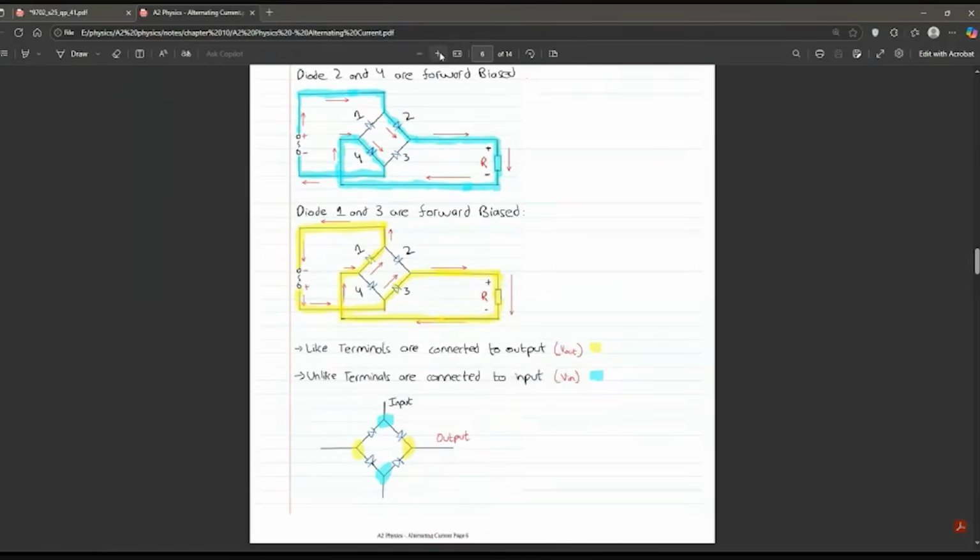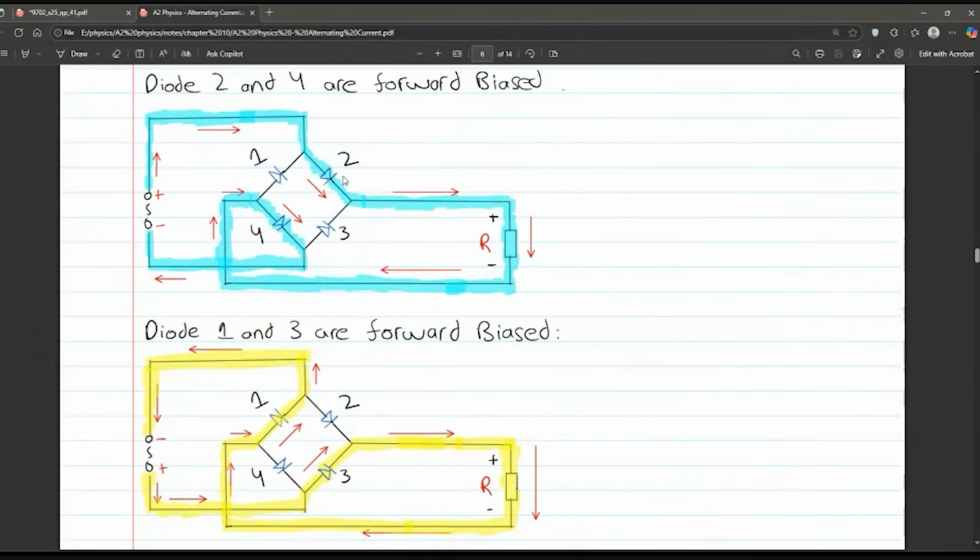We have to create a circuit like this for full wave rectification. हाँ जी. How will we do that? कैसे करेंगे? How will we draw this full wave rectification circuit?